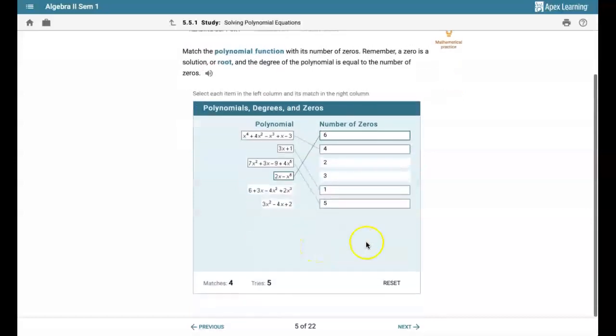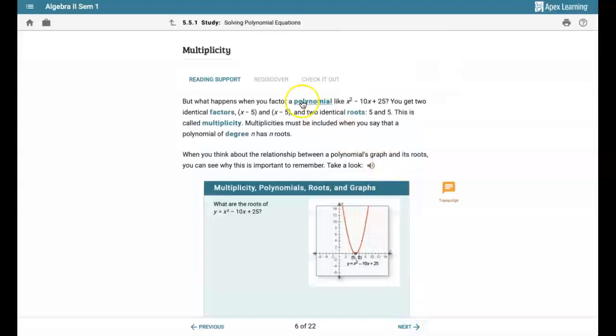All right, so just another example here. We talked about this thing, but let's hone in on it. This thing called multiplicity. All right, and what multiplicity means is you're going to have 2 identical roots. So if we solve this one here, we're going to get x minus 5 and x minus 5. So instead of saying 5 twice, we're going to use this concept called multiplicity.